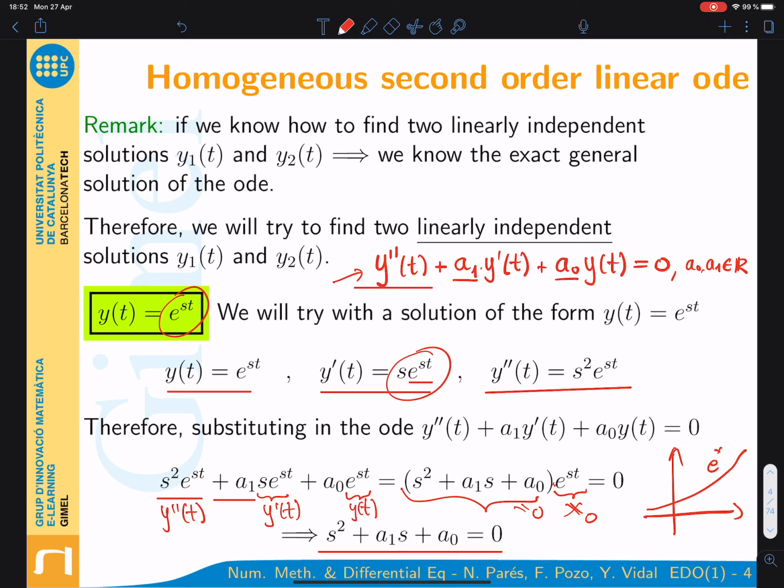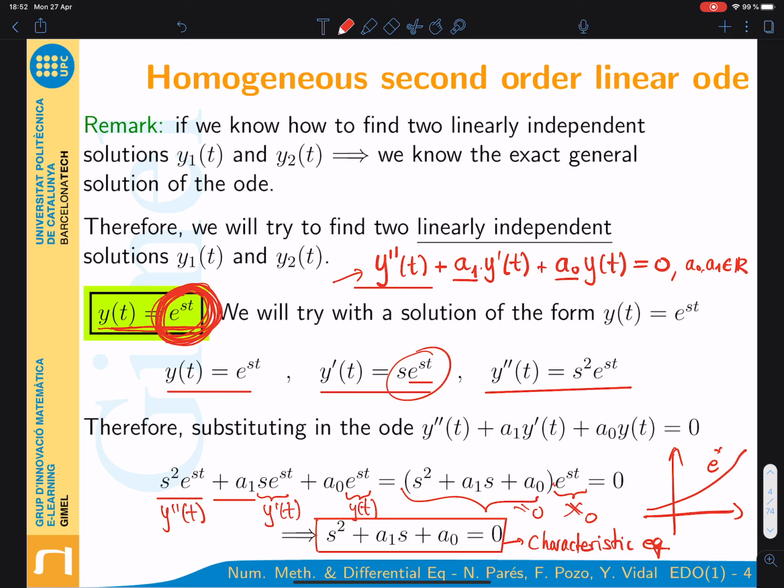So I summarize what we got here. If we want this y(t) that we propose, the exponential of st, to be a solution of the ODE, we need s to satisfy this equation. So this equation is going to be very important. It's going to be called the characteristic equation.